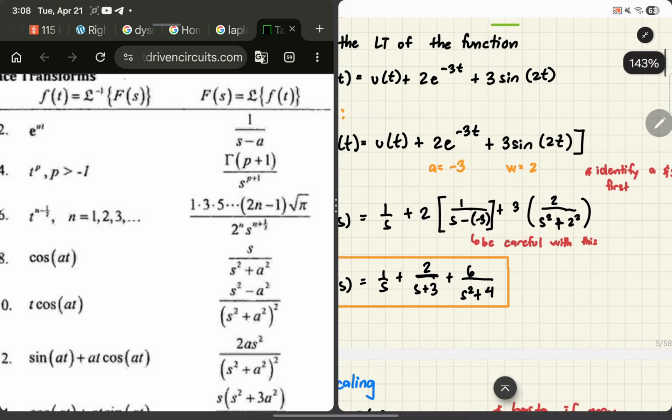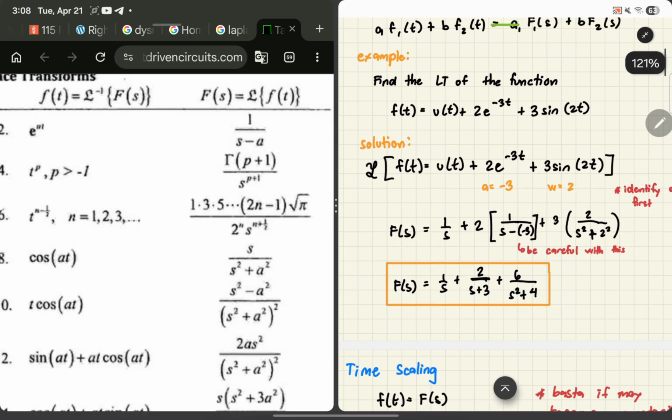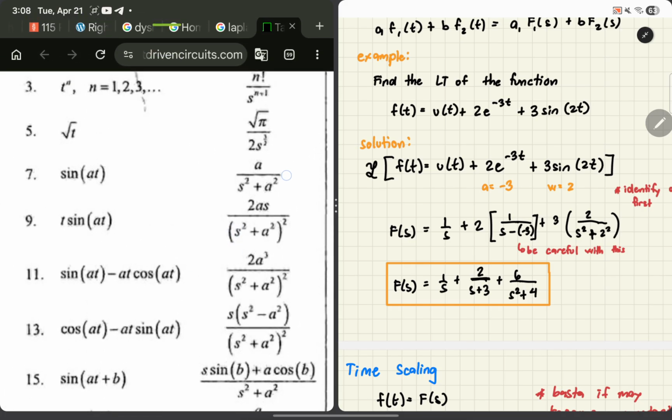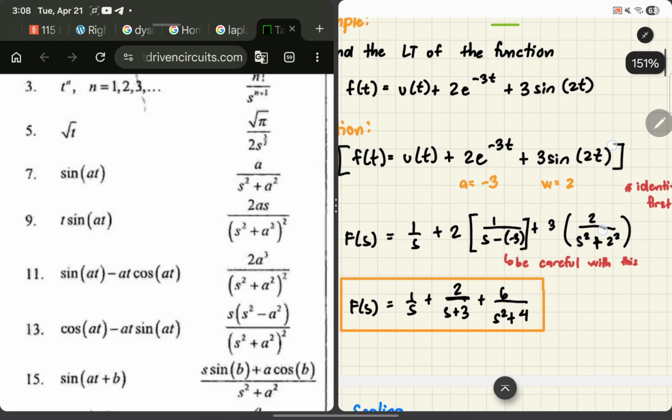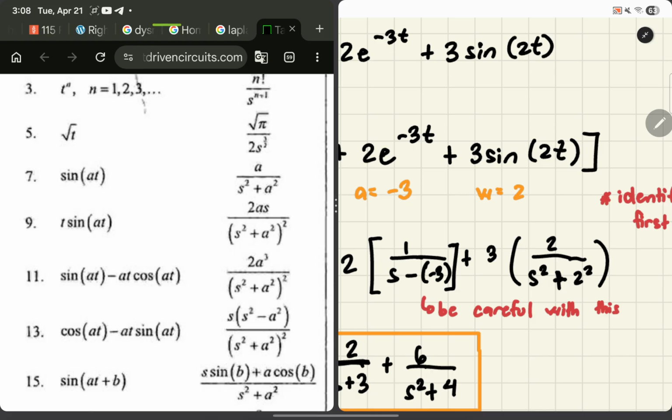Okay, next for 3 sine 2t, this is the constant. We just have to set that aside and then Laplace transform this sine 2t. So our sine is a over s squared plus a squared. So let's identify what is a, or the w. So our a is equal to 2. As you can see, sine at, and here sine 2t.